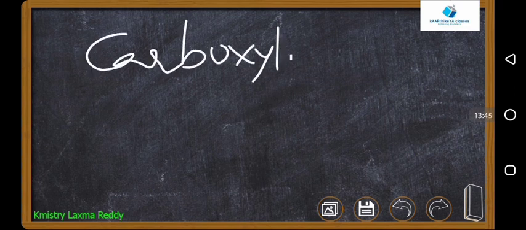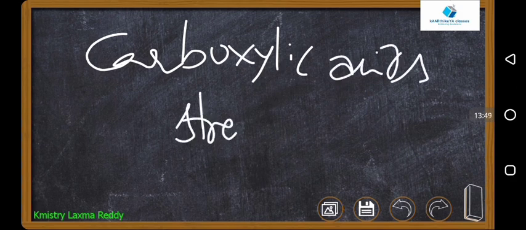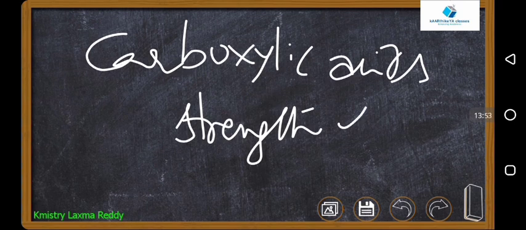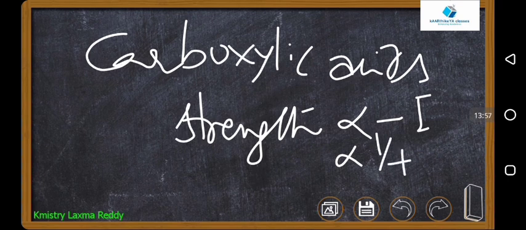Along with this, you can discuss the acid strength of carboxylic acids. The strength of carboxylic acids you can directly discuss here. It is directly proportional to minus I and inversely proportional to plus I. Why? What is the meaning of this? Have a look at this. This is COOH.